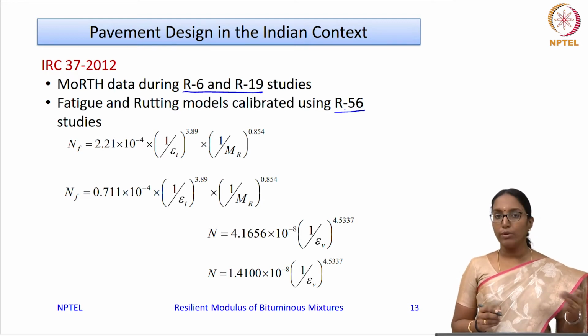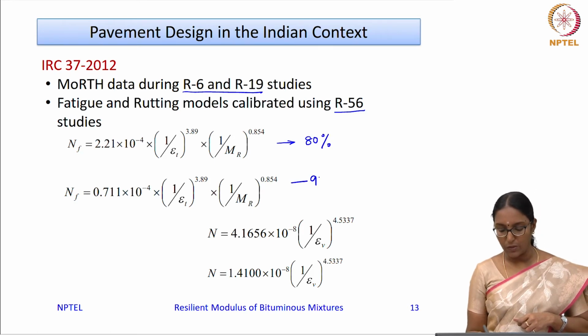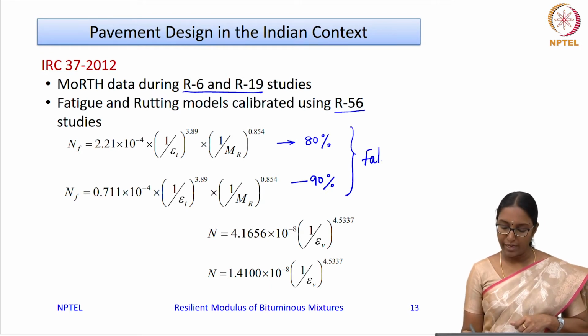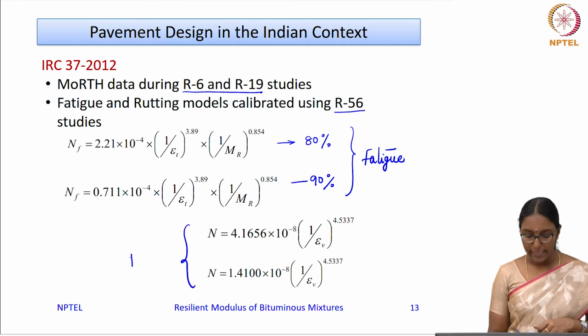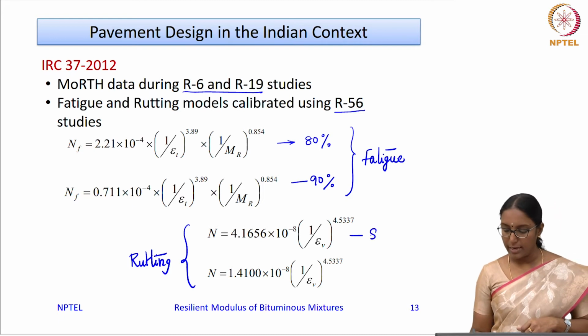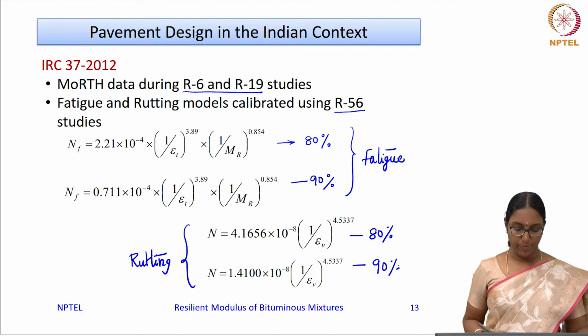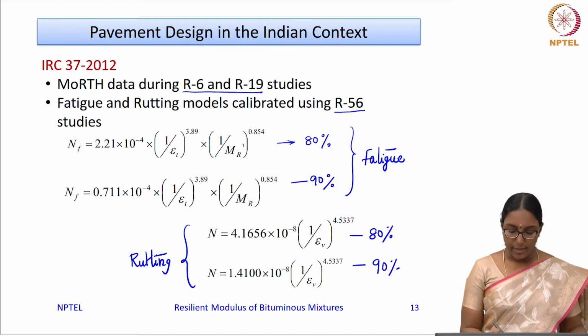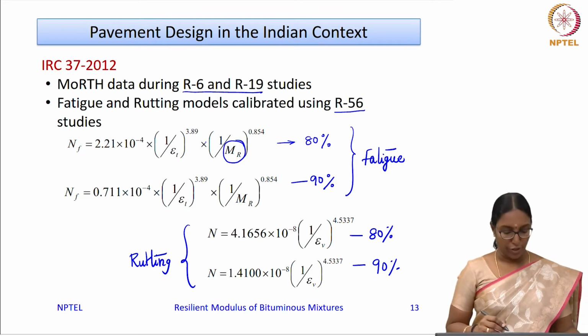So, you have 2 expressions given for rutting and fatigue. One is at 80% reliability level and the second one is 90% reliability level. So, these are the 2 expressions related to fatigue behavior, and these are the 2 expressions related to rutting. Again, this is at 80% reliability level and this one is at 90% reliability level, okay. As you can see, MR is a coefficient that goes in here, which is the resilient modulus, okay.